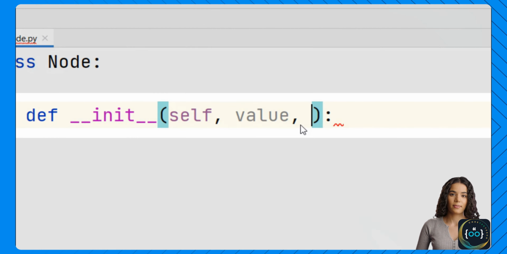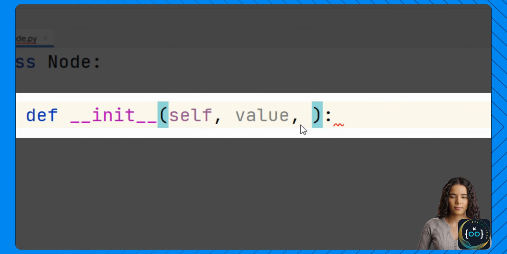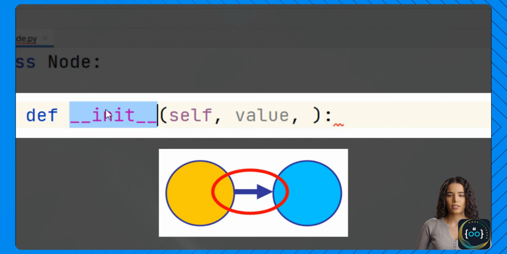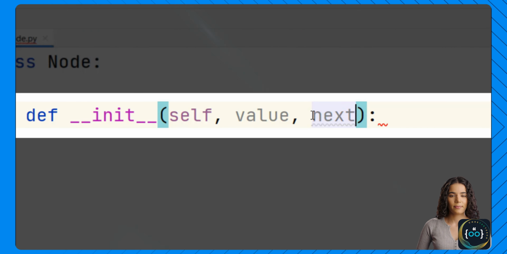As our second parameter, after we take the value, we can optionally take a reference to the next node, to the node that this node is going to point to. Remember that init is creating a node instance, so that instance can point to another node instance. We can take a reference to that instance, which is usually called next.